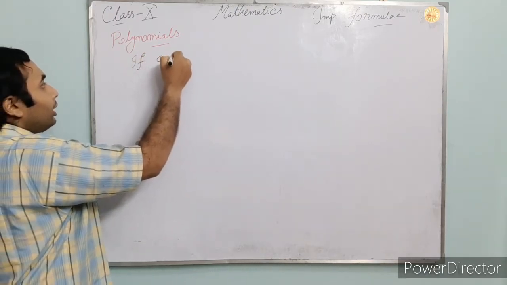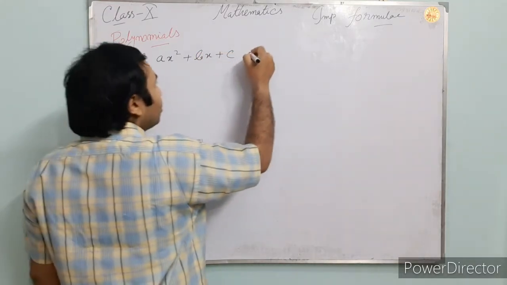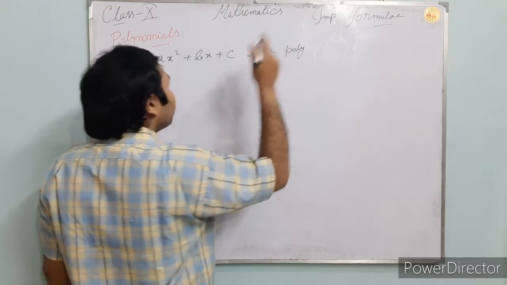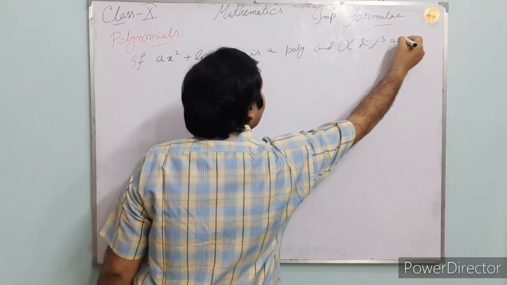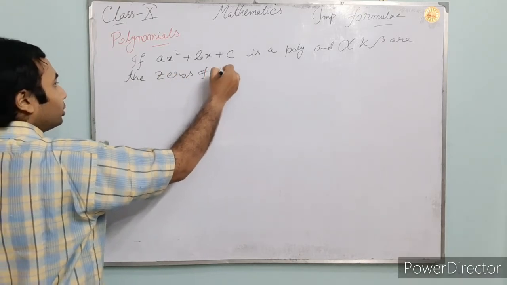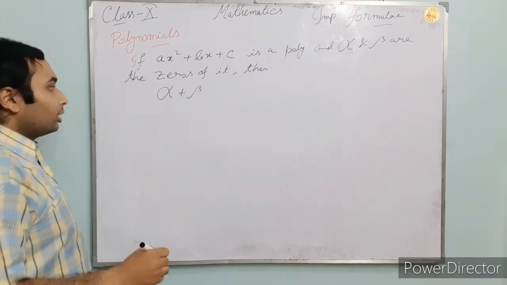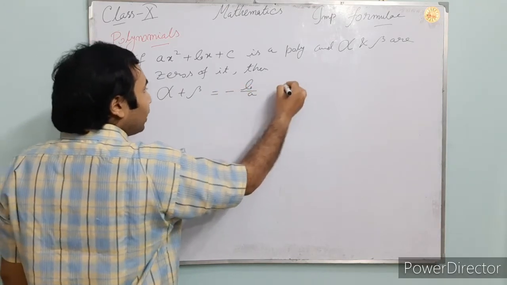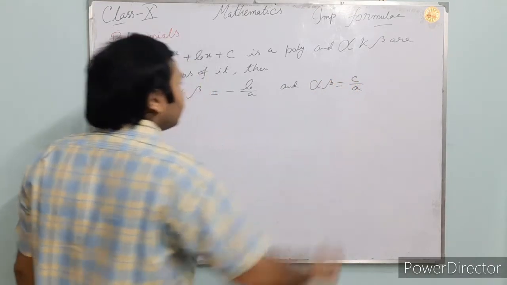If ax square plus bx plus c is a quadratic polynomial, and alpha and beta are the zeros of it, then alpha plus beta, the sum of the zeros, equals minus b by a, and alpha beta equals c by a.